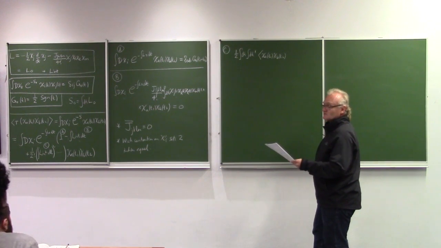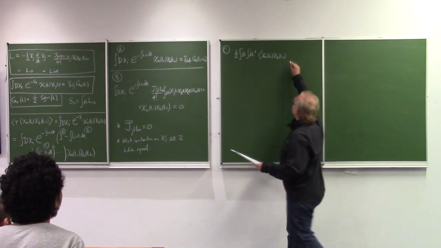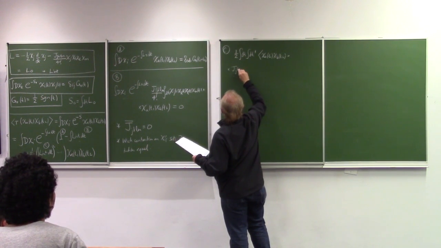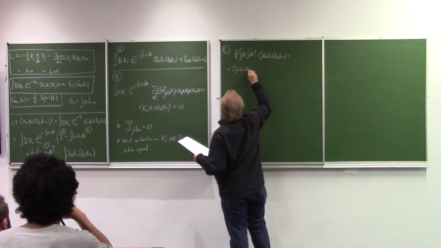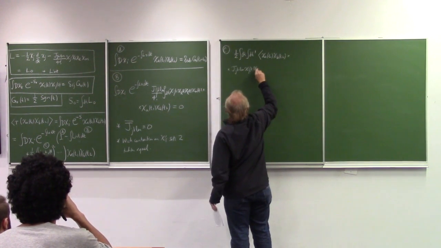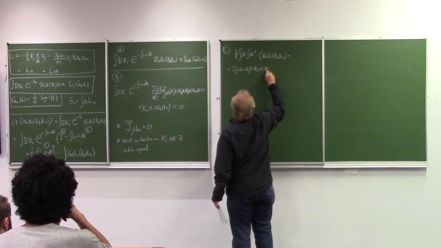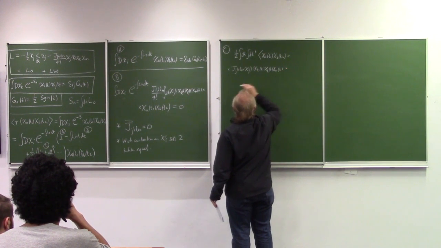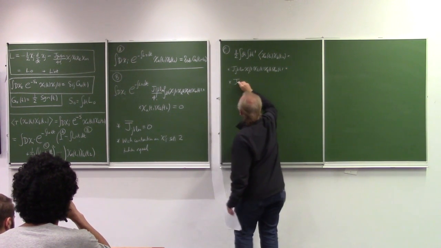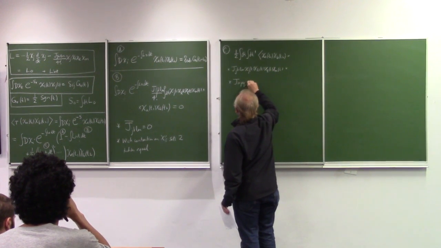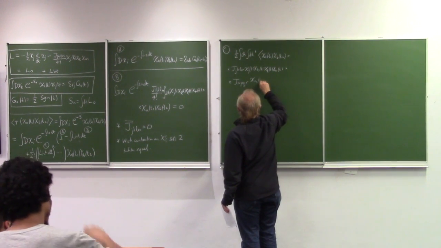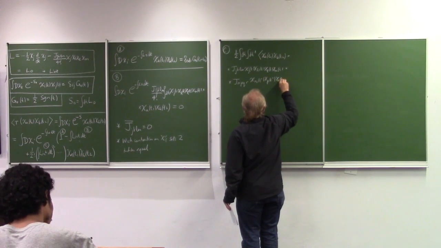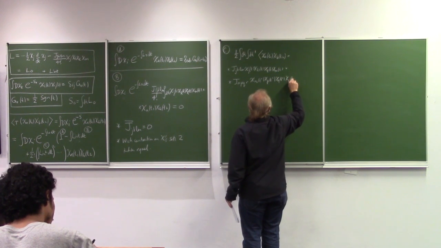And then we have our two powers of the interaction Lagrangian. So let's say multiply by J_jklm chi_j(t) chi_k(t) chi_l(t) chi_m(t), times J_npqr chi_n(t prime) chi_p(t prime) chi_q(t prime) chi_r(t prime).